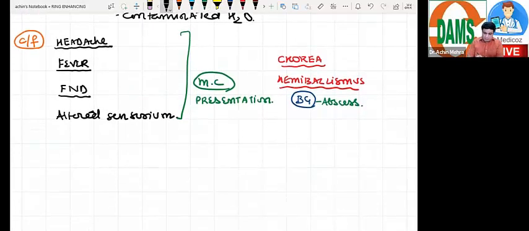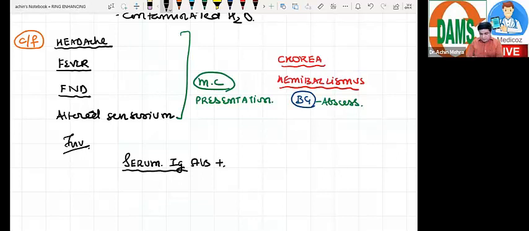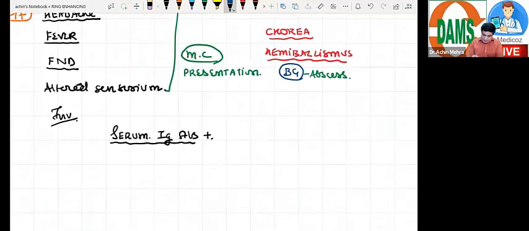Now, quickly I'll go to the investigation part. The first thing that we like to do in the patient is to get their serum IgG antibodies. They will come positive. Remember this. Now, if the titer is high for this particular infection, there is almost 35 times higher risk for this infection to be there in the patient.